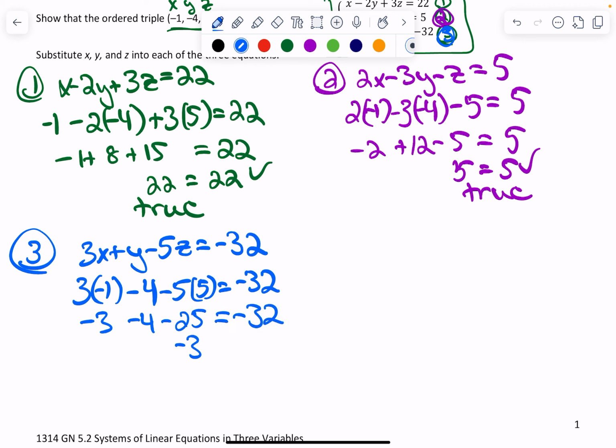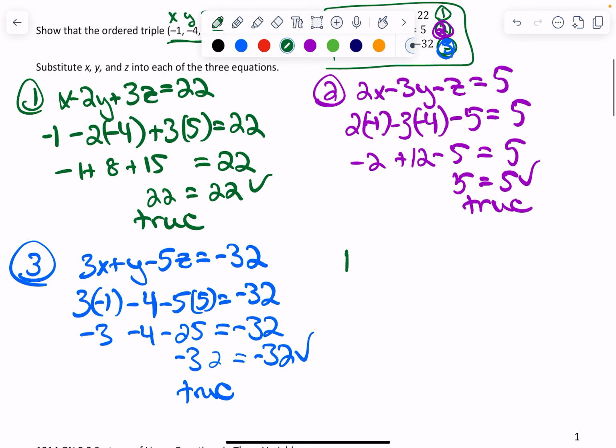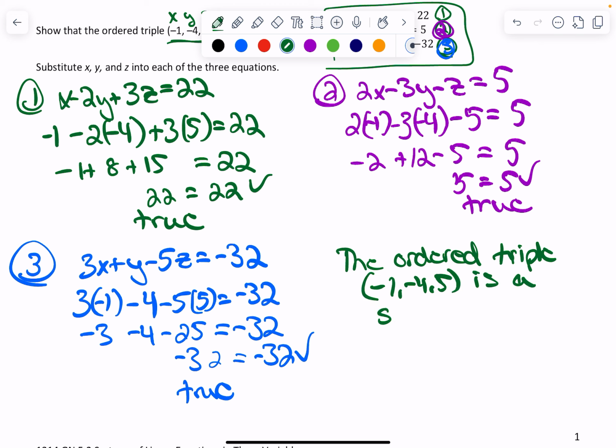And yes, this is true as well. So the ordered triple negative 1, negative 4, 5 is a solution of the system.